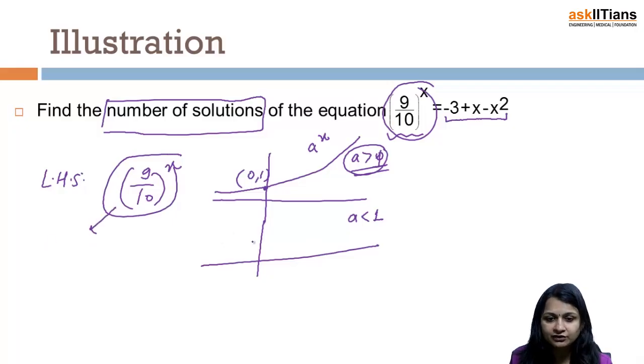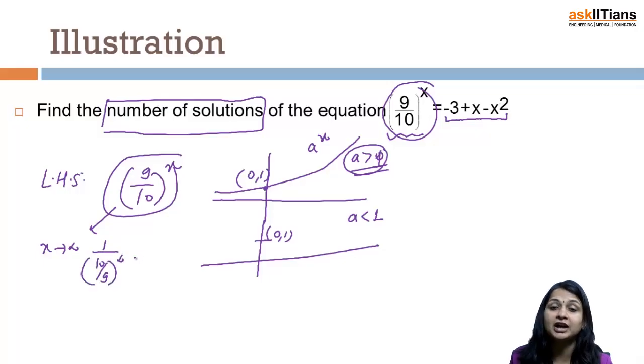At x equal to 0, it is definitely the point (0, 1). Now when x approaches infinity, 9/10 is a value which is 0.9, so I will say 1 upon (10/9) raised to the power infinity, which is 1 upon infinity, so that approaches 0. And when x approaches minus infinity, I will have (10/9) raised to the power infinity, which becomes infinity. So my graph would look like this.